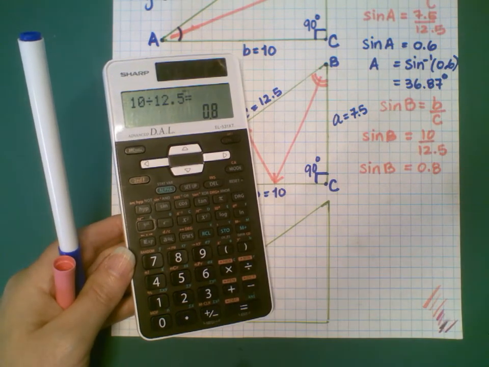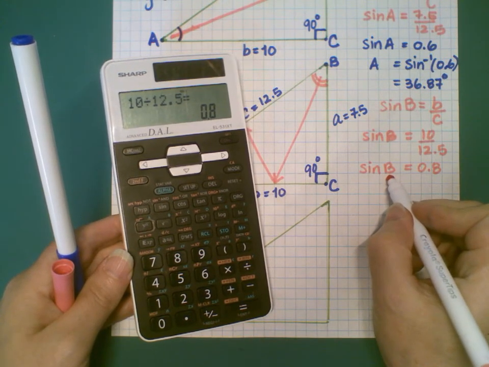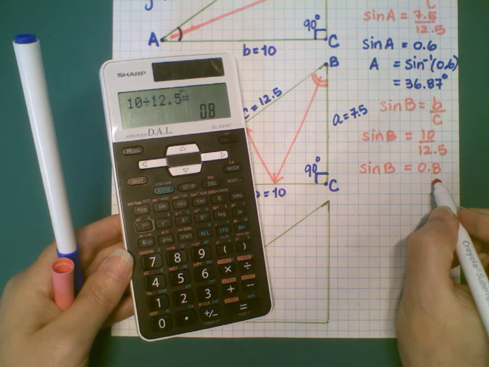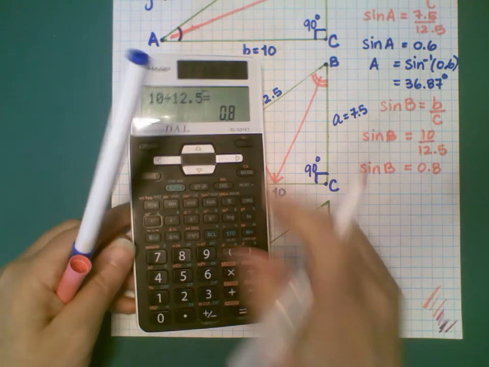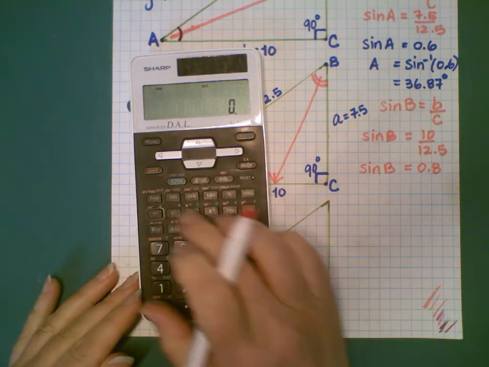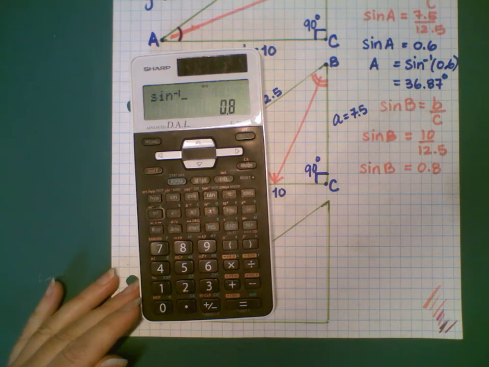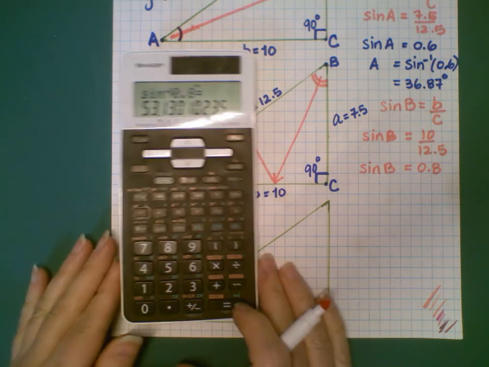Now I've got to get the calculator to go into the memory and retrieve what's the angle that generates a 0.8, that the sine of that angle generates a 0.8. So second function sine, it's telling it to look into that table, and it reads 53.